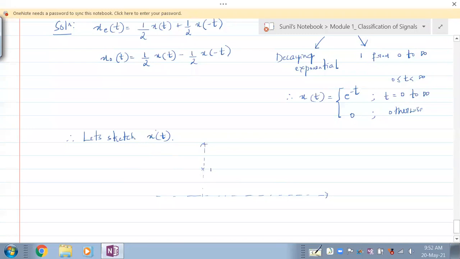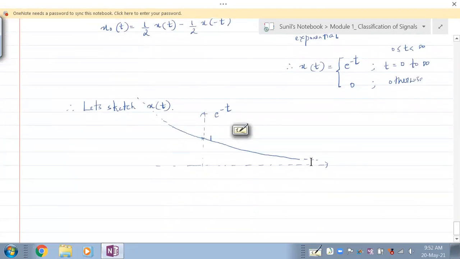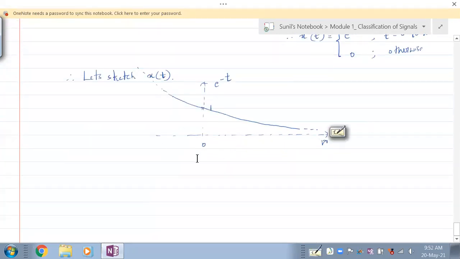So let my signal pass through this. This is 1, and this is e power minus t. This e power minus t is being multiplied by u of t, which means it should extend only from 0 to infinity. So we need to consider the signal from 0 to infinity only.